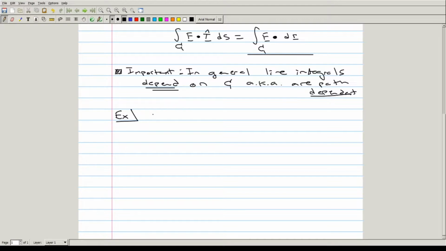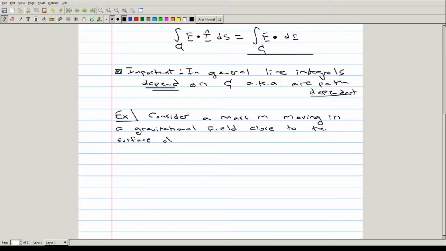So what we'll do is consider a mass m moving in a gravitational field close to the surface of a large gravitational body.